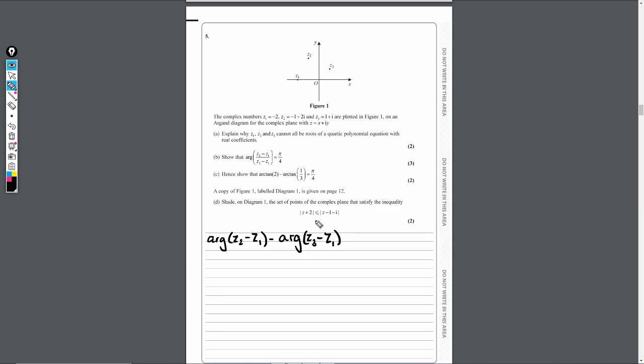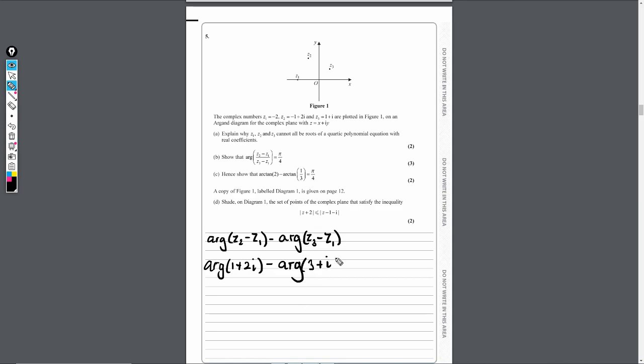Remember, we said z2 minus z1 is 1 plus 2i, so this is the same as the argument of 1 plus 2i minus the argument of z3 minus z1, which we said was 3 plus i.